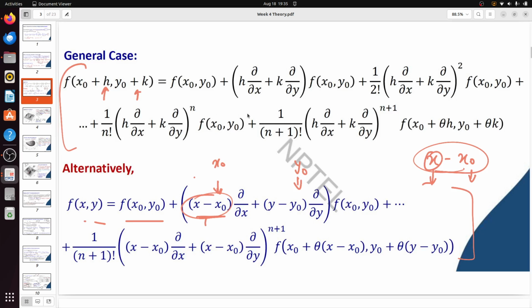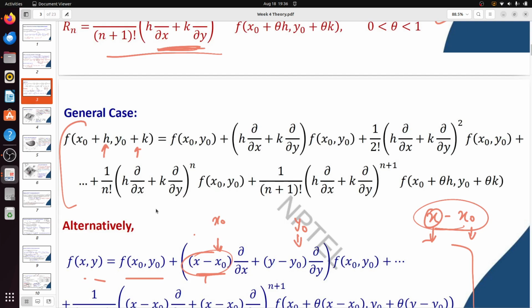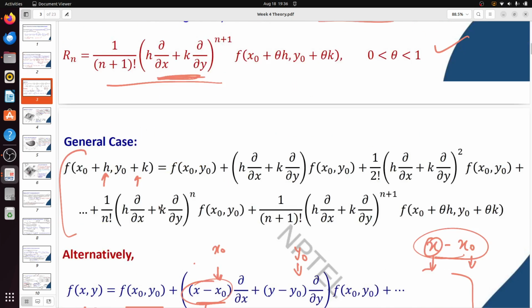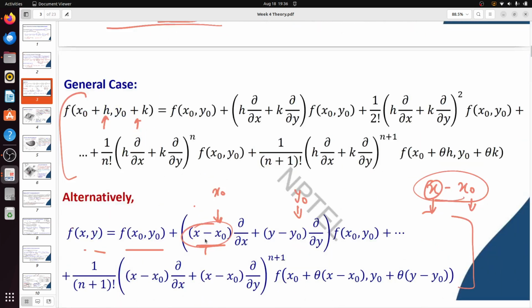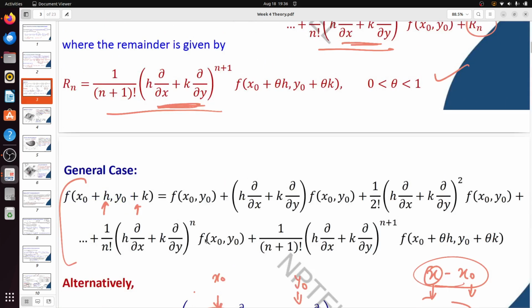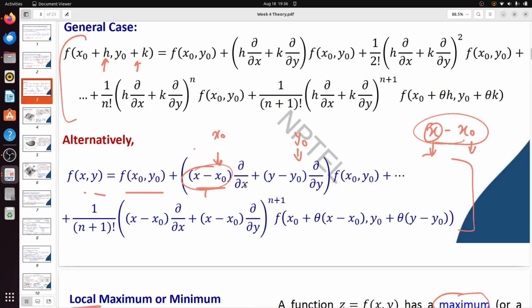Next, the general case. You can also alternatively write h as x minus x naught, that is the difference between the variable x and the point at which you are trying to determine the Taylor expansion, and k as y minus y naught.